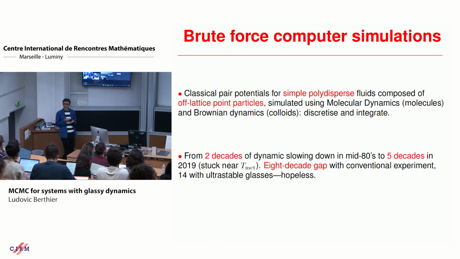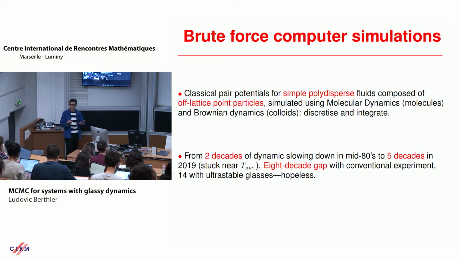And how many decades, how many time steps can you do? It has evolved over the years. So from 2 decades at the beginning in the 80s to 5, 6 interesting decades of glassy physics. I told you at the beginning that in experiments to reach Tg, you need 12 decades. So if you can do 5 or 6, then you're still 8 decades short with respect to conventional glasses.